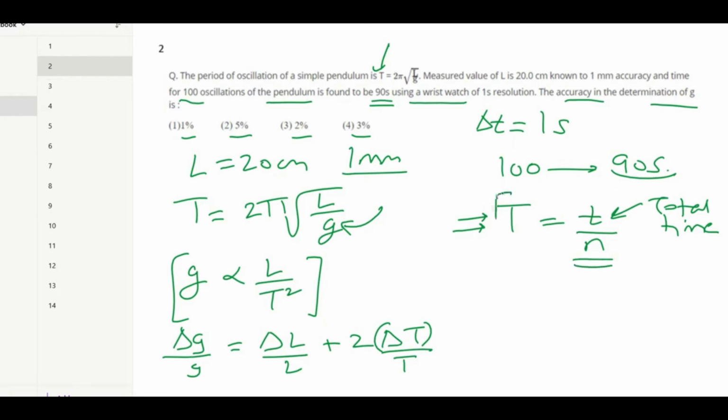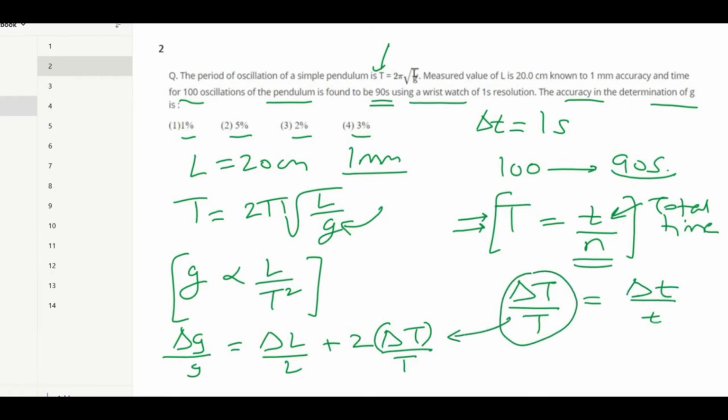So this is the linear relation between capital T and small t. So I can write delta capital T by capital T equal to delta small t by small t, and we have to substitute this value over here.